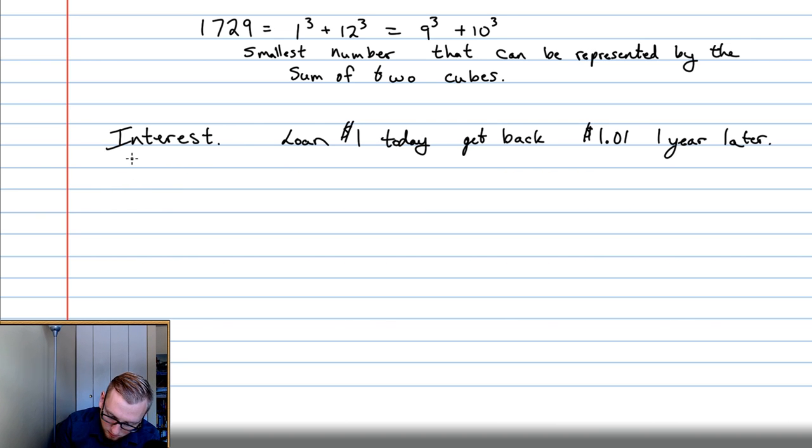Okay, so that means that we have our present value, and we need to multiply by some number to give us our future value.